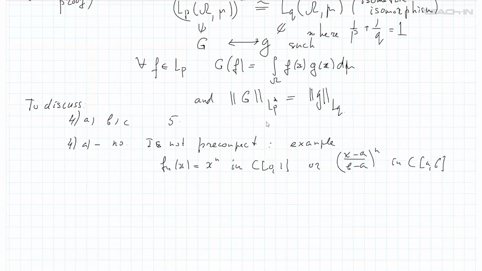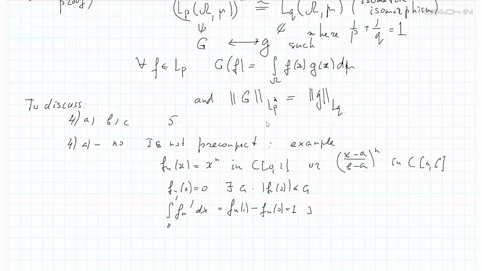Yes, of course, we know that all f_n(0) equal 0, so there exists a constant C1 such that |f_n(0)| is less than C1. And these functions are monotonic, so the integral of the derivative equals f_n(1) minus f_n(0) equals 1, so there exists a constant C2 such that the integral from 0 to 1 of f_n' dx is less than C2.